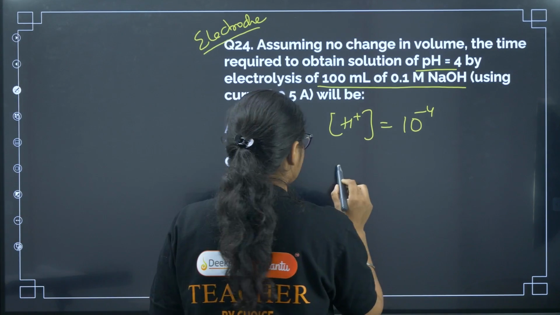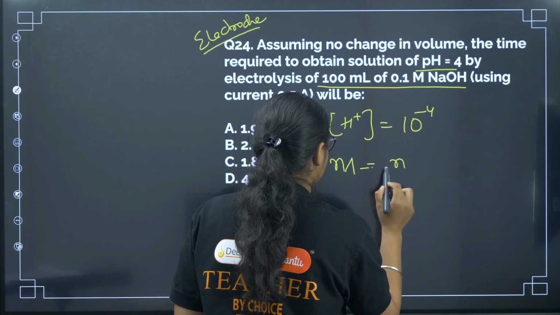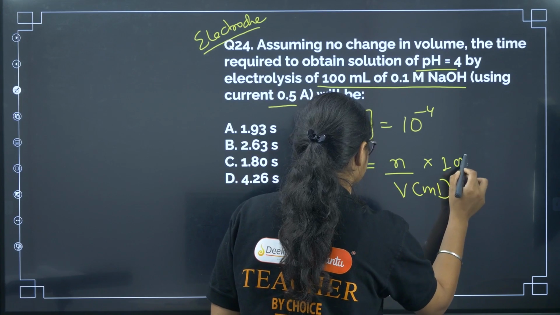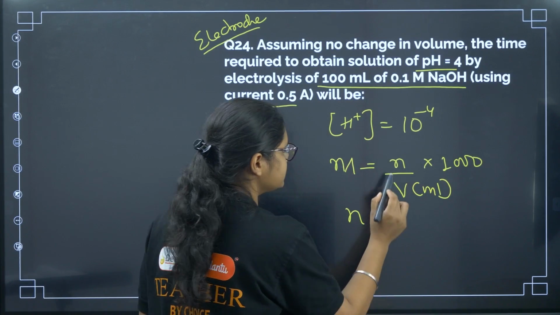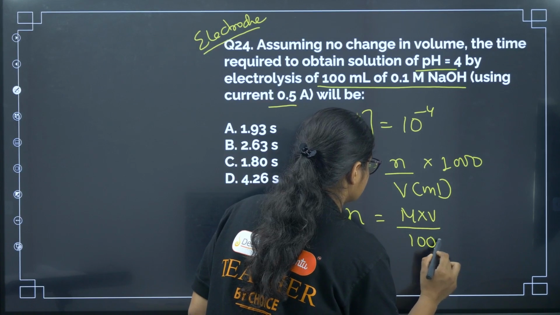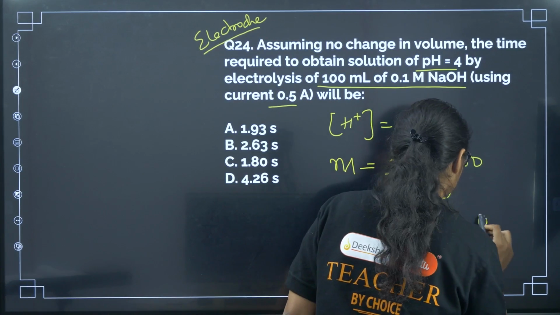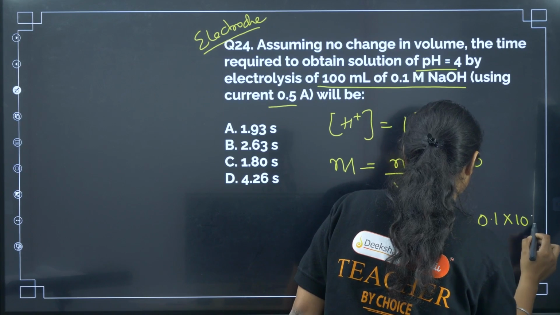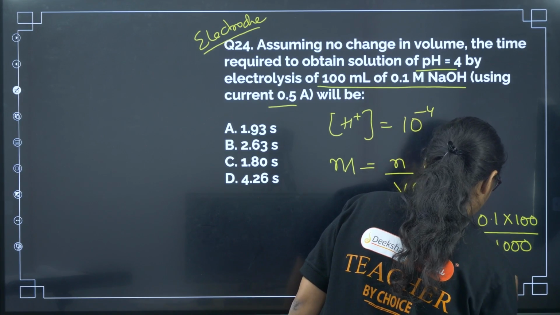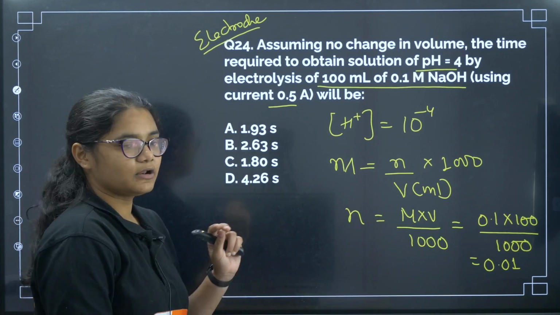Now if I calculate the number of moles, the molarity formula is number of moles by volume in ml into 1000. So number of moles will be molarity into volume by 1000, right? Molarity is 0.1, volume is 100 ml divided by 1000. So we'll get 0.01, this is the number of moles.